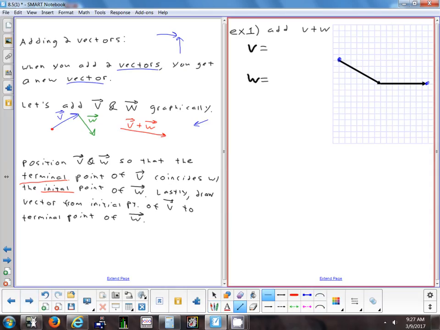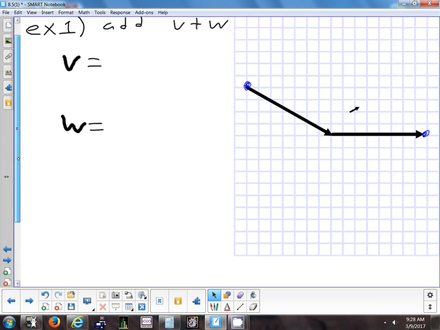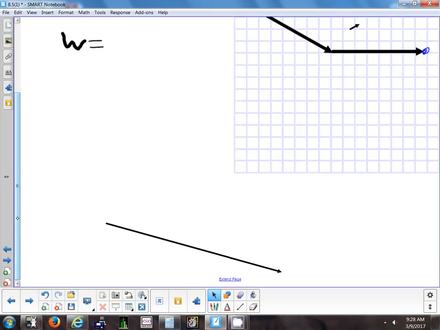Okay, so let's draw our arrow. And that's it. You can't really see the arrowhead. If I just move it down, then you can see it better. All right, and then just label what it is.